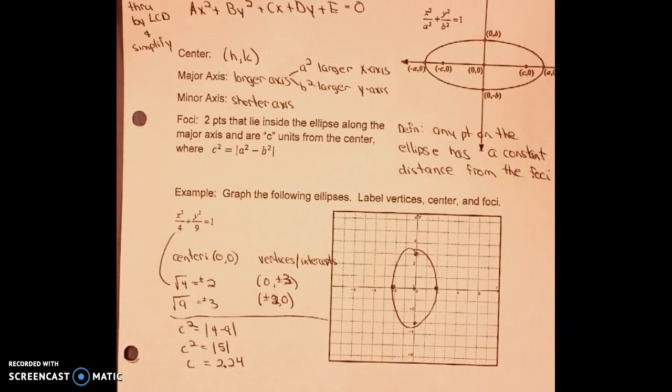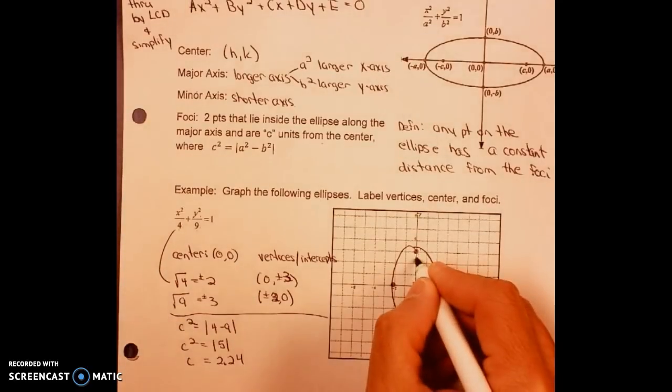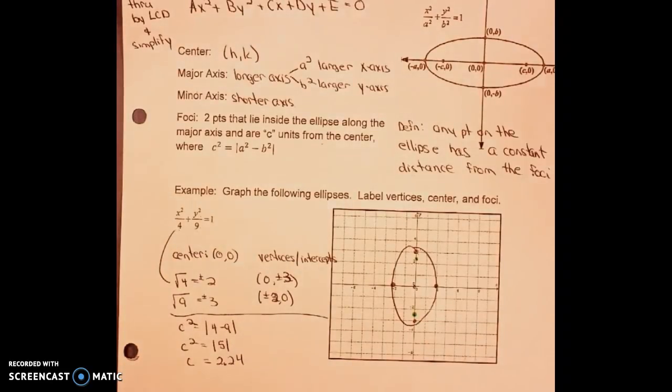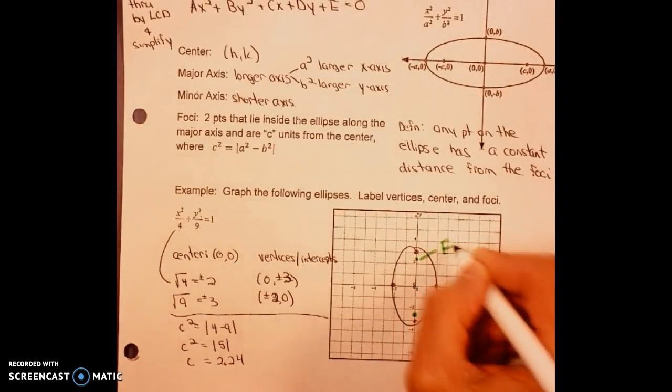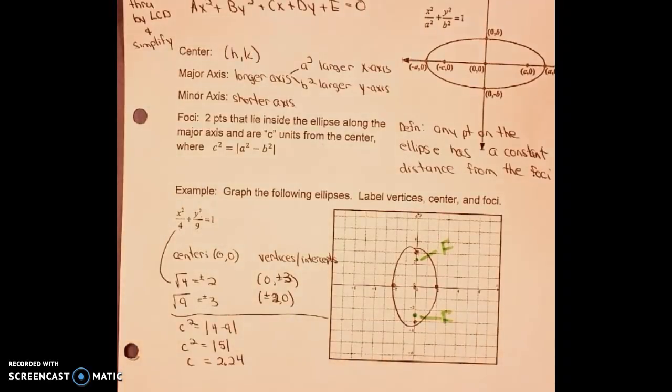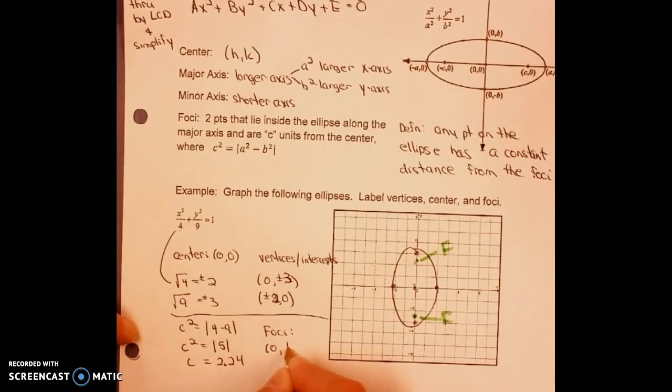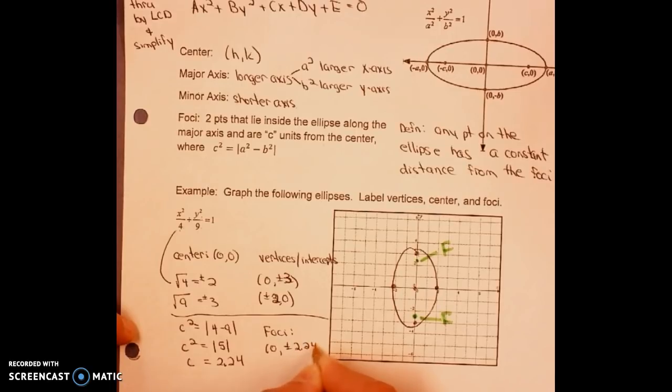Those foci are along the major axis. So I'm going up about 2.24, down about 2.24. These are my foci. So our foci, in this case, are 0 plus or minus 2.24.